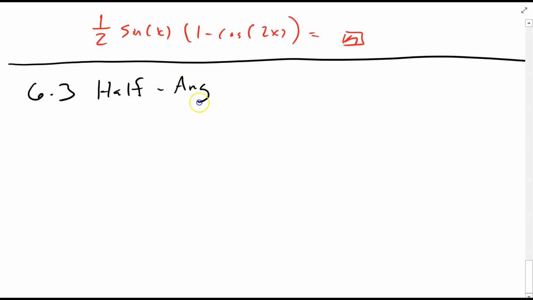So those were all things that I'd asked you to look at on your own on Monday when I was gone. Today we're going to start talking about the half-angle identities.